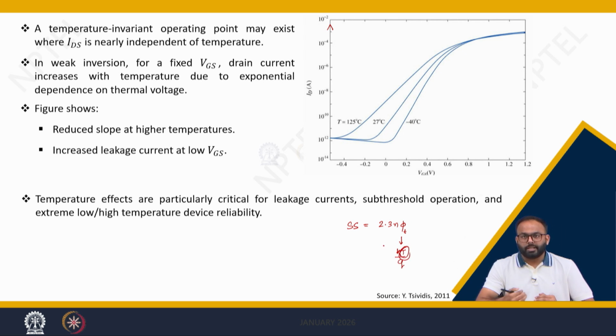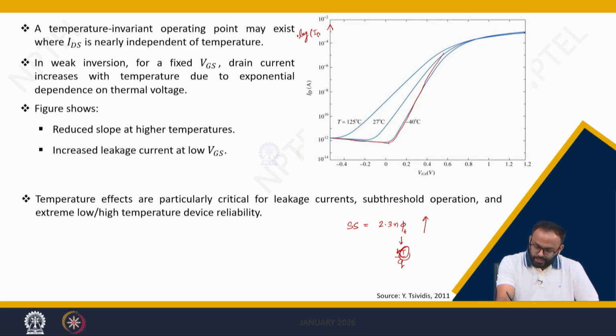So when you reduce the temperature, the subthreshold slope will increase. That is what is visible here. If you reduce the temperature, the slope of this log ID versus VGS is increased, and the slope is deteriorated when you increase the temperature because of this factor.